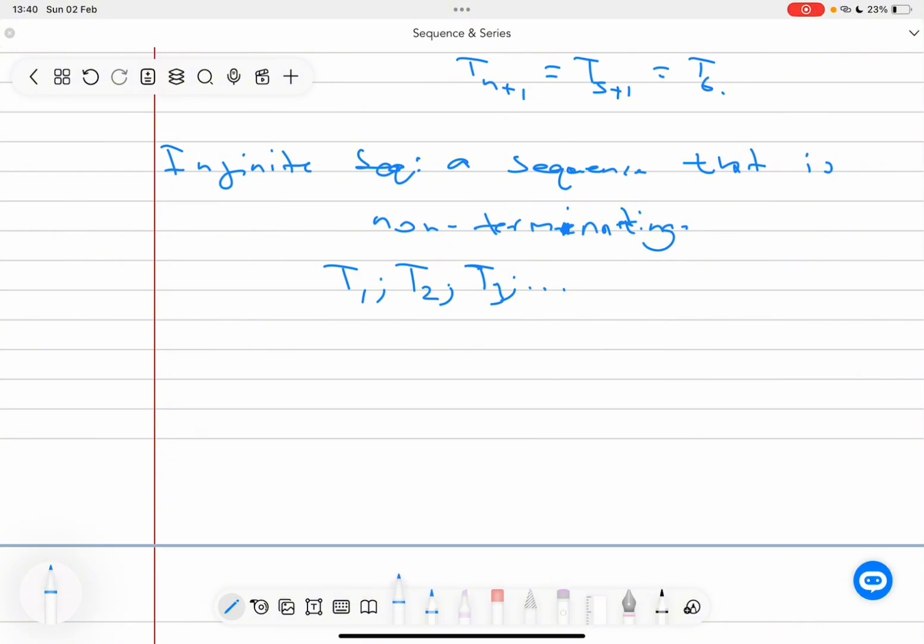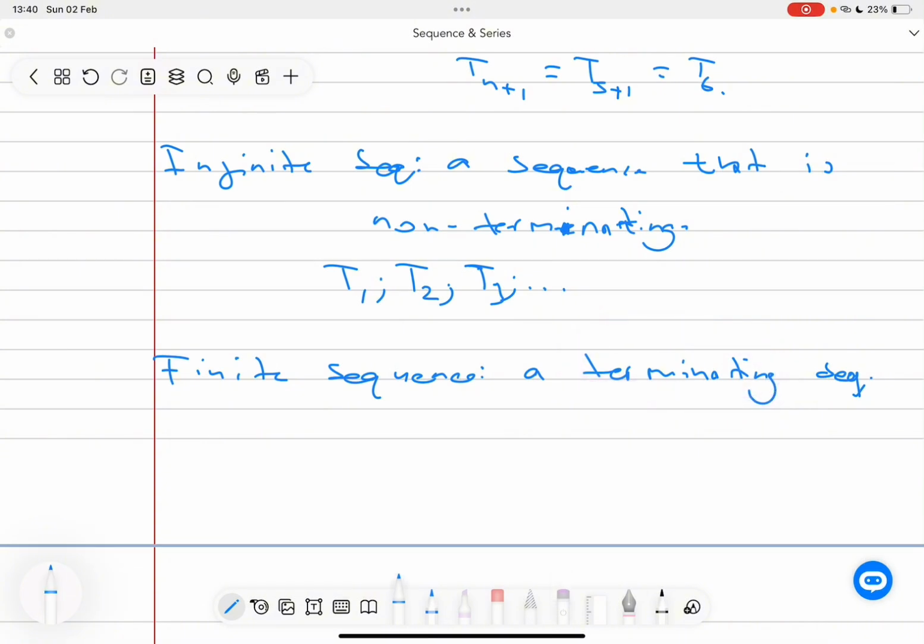We also have a finite sequence. So this will be a terminating sequence. This is a sequence that actually ends. To say it's terminating means that it ends at some point.